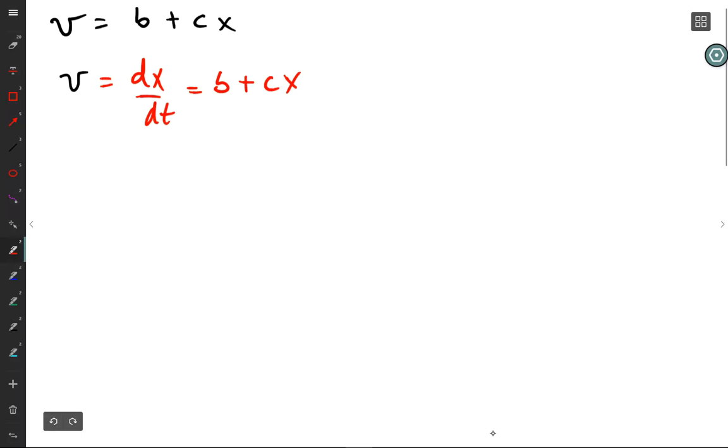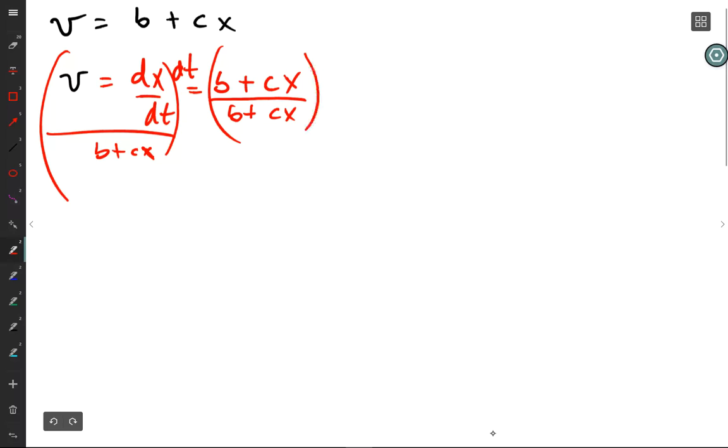So I need to divide everything by B plus CX to get the x away from the right-hand side. And then I'm going to need to multiply everything by dt to get the dt over.